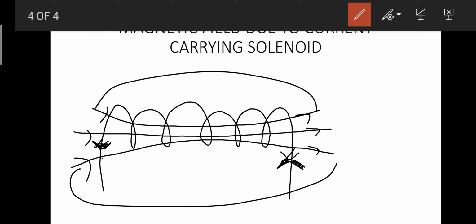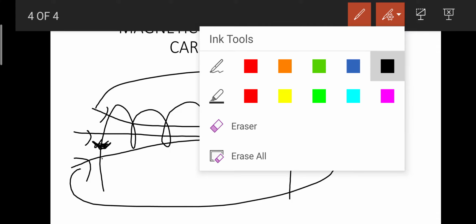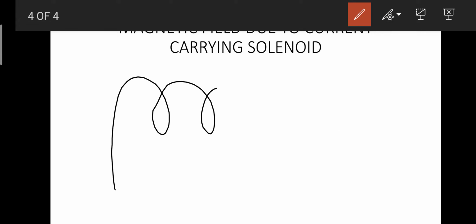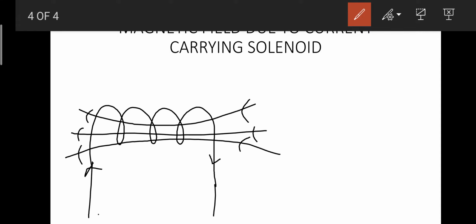Using the right hand rule, if I use this kind of direction, then the direction of field lines would be like this. And this is going to be opposite to your book, so I'm going to draw it again according to your book. Okay, so I've drawn it according to your book.